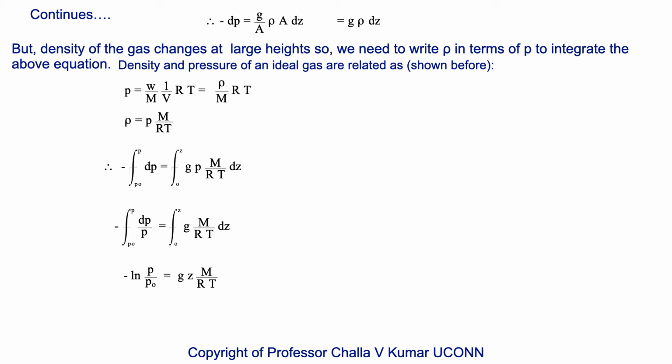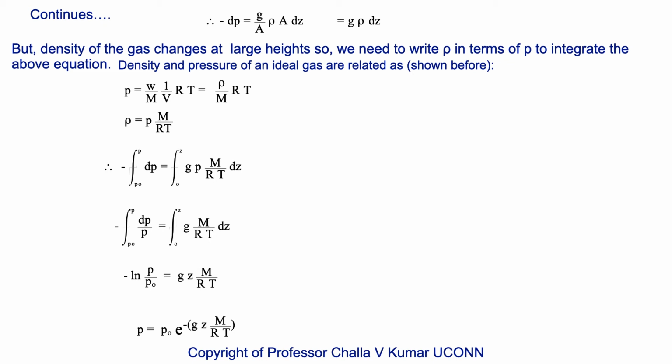So we can now show that we have a logarithmic relationship between the pressure and the height. I will rewrite this in a slightly different way, and absorb the negative sign onto the other side. So P over P0 will be equal to e to the power minus gzM over RT.